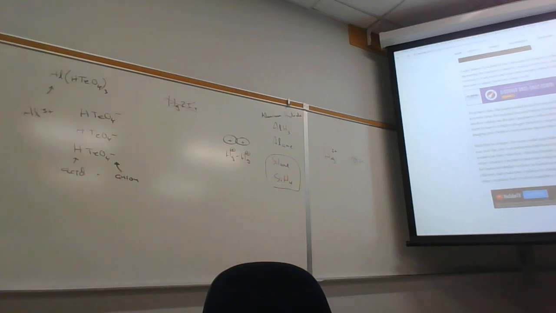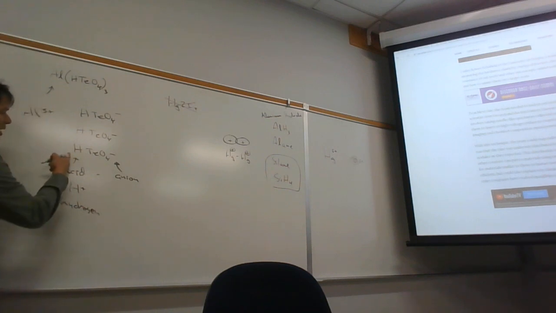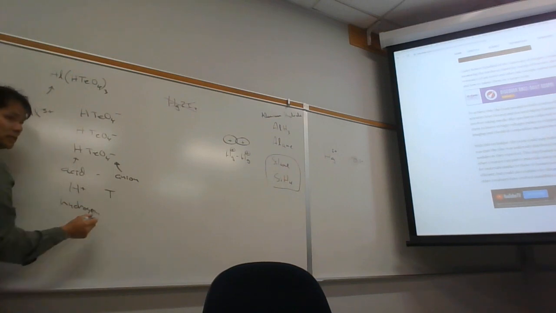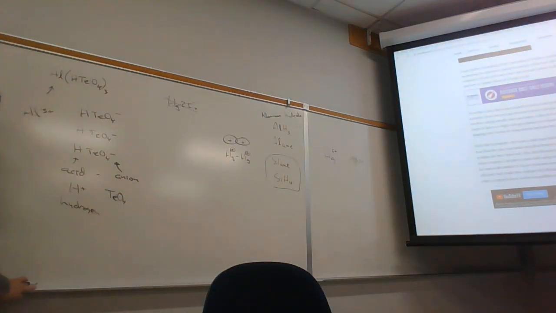Acid anions are actually pretty easy to name. We take the acid, H+, and we call that hydrogen, and then we take the anion. So if we remove the H+, what are we left with? We're left with TeO4. What would the charge on it be? -2.